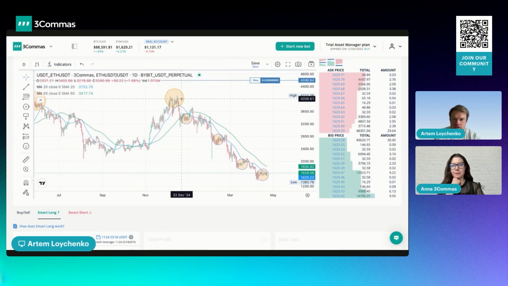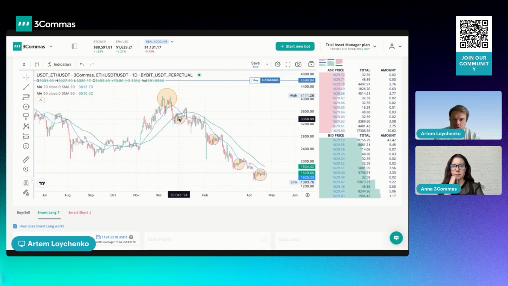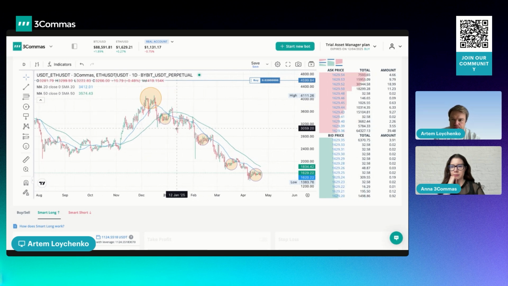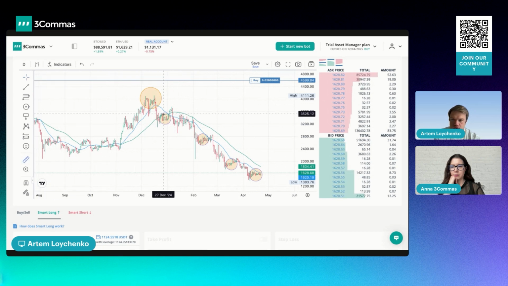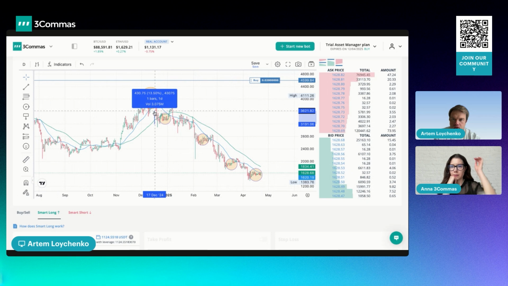When you are entering DCA here, for example, you can use this sideways market. I think everyone who was with us on previous webinars already understands it with a grid trading bot. So if you take the ruler and check each of the places here, you can see 13%, right?